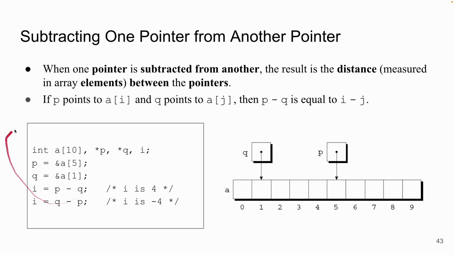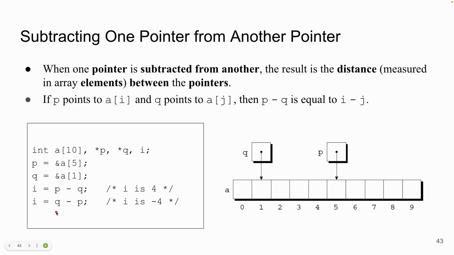For example, let's check out the example here. In the example here, I make P point to A5, Q point to A1, and I can actually subtract Q from P. So this is the same as subtracting 1 from 5. So that will be 4.